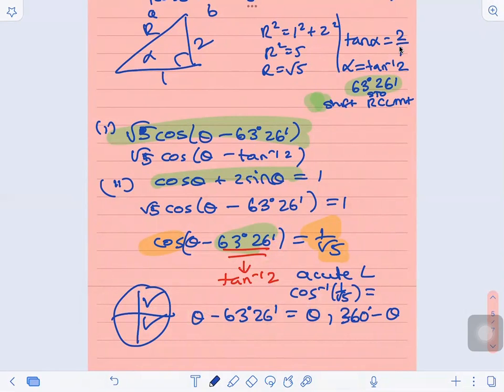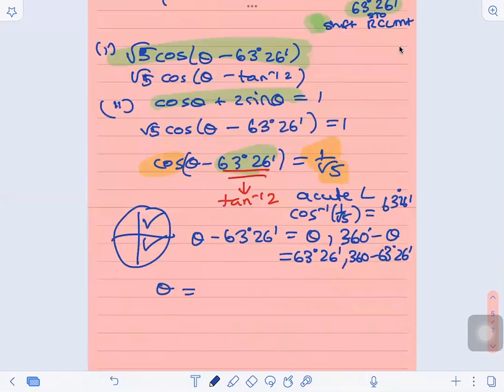So you go shift cos 1 on root 5. Okay, and I get 63 degrees 26 minutes. Again, to get the same angle, 63 degrees 26 minutes, 360 minus 63 degrees 26 minutes.